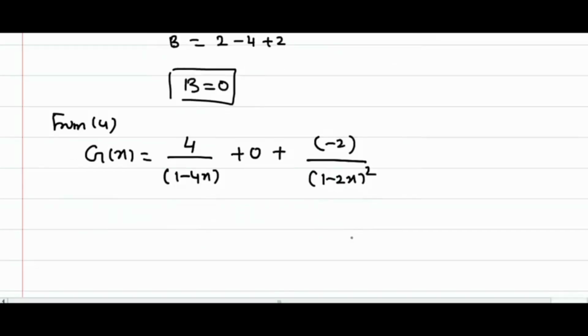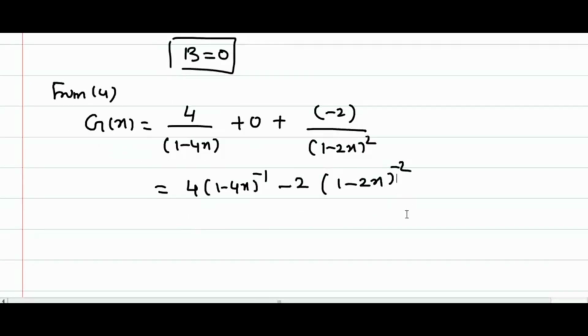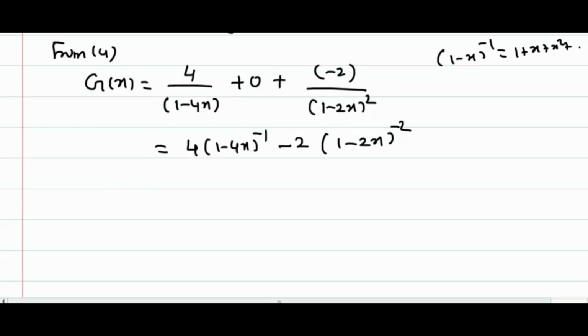Okay, now you simplify this equation, we get the nth term. So we can write this as 4 into 1 by (1 minus 4x), and you bring this term to the numerator, we get (1 minus 2x) power minus 2. Okay, so we know the binomial expansion of (1 minus x) power minus 1 is 1 plus x plus x square, etc.